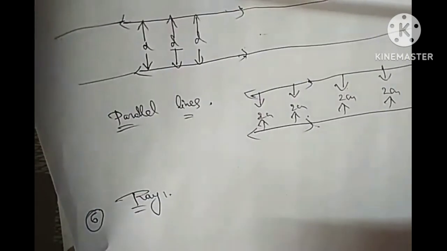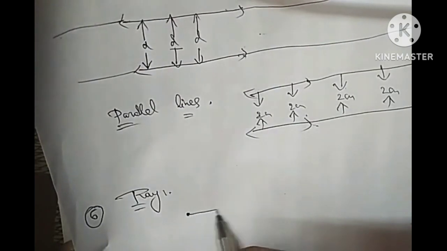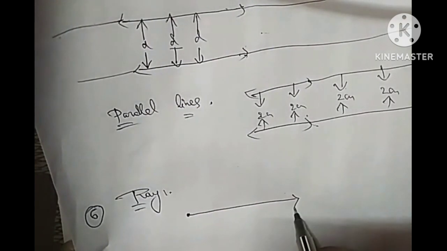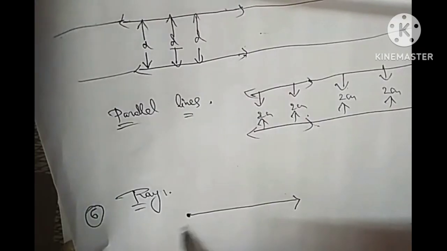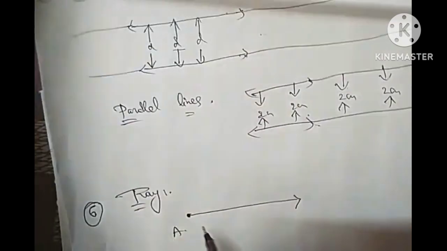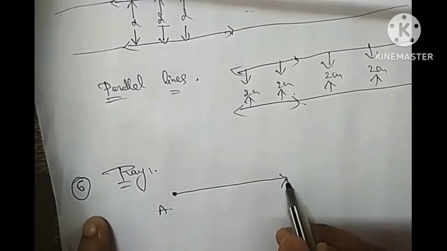From a particular point a line can be drawn, and it can be drawn up to infinity, towards an infinite direction. It has a particular point, and from that point only we draw the line.